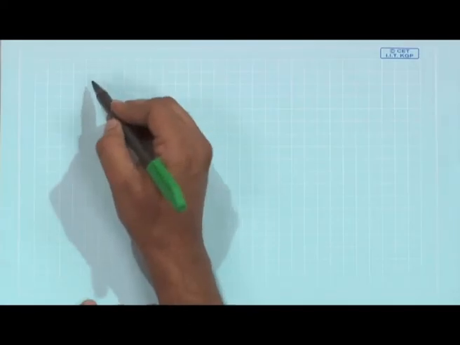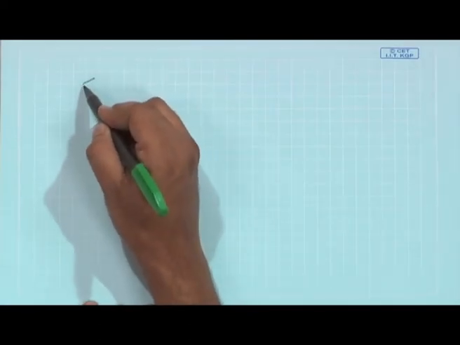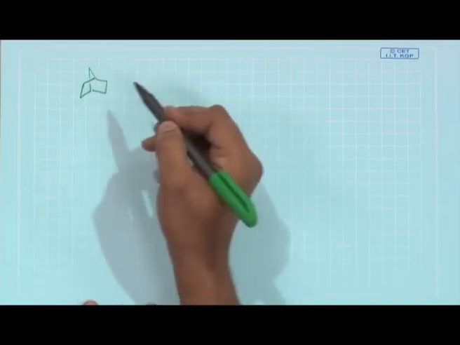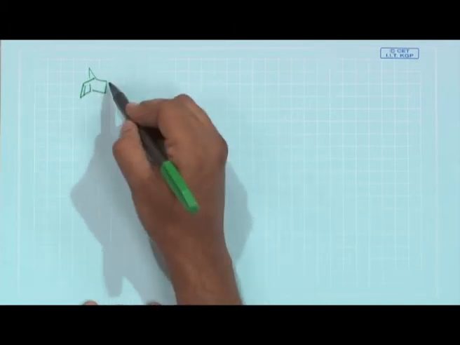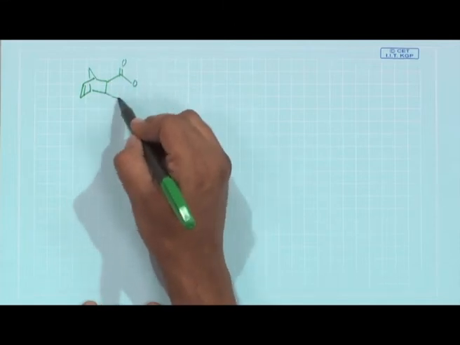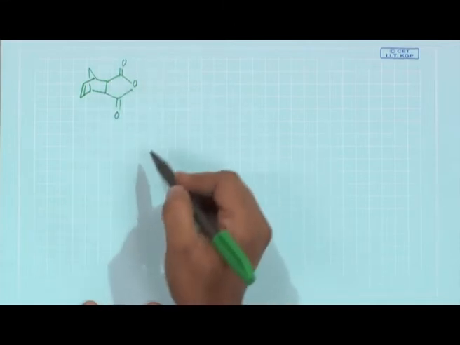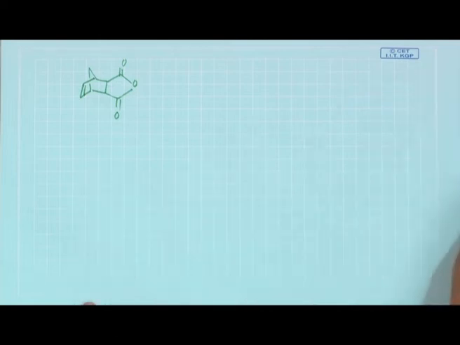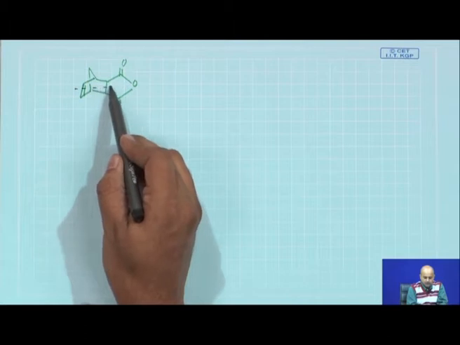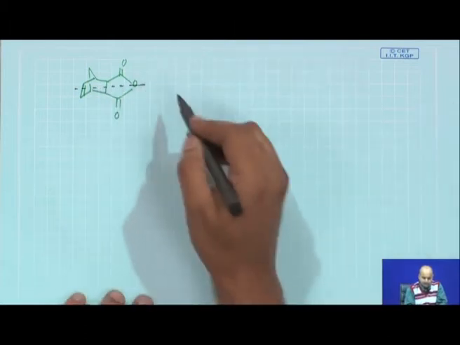So, in this way basically you can do a very nice desymmetrization concept. And similar kind of thing, if I give you another example, I say how you can desymmetrize this particular compound. Now, I am saying that you are having a compound something like this, which looks to be a perfectly symmetrical compound if I do not talk about the stereochemistry, fine.